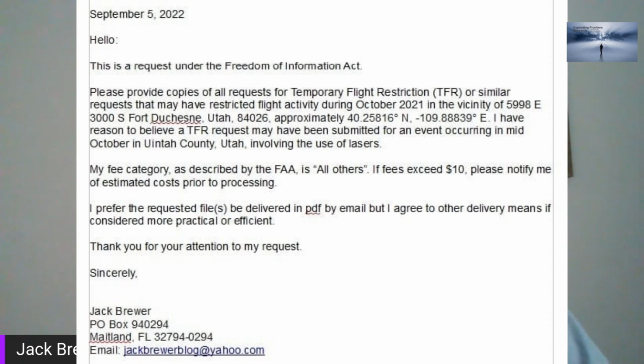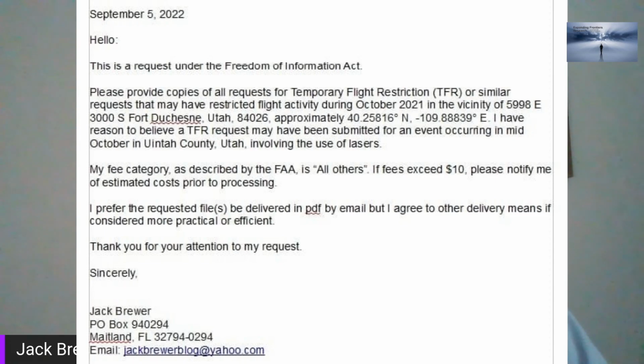Erica Lukes and the good people of Utah were aware of some activities portrayed on the Secret of Skinwalker show, and we were able to craft these into a FOIA request to the FAA just to see what kinds of material we might come up with, if any.